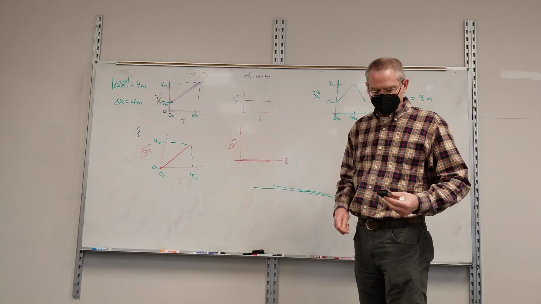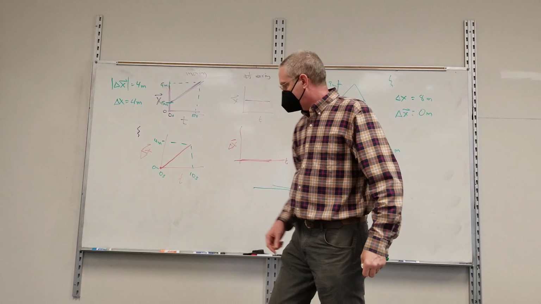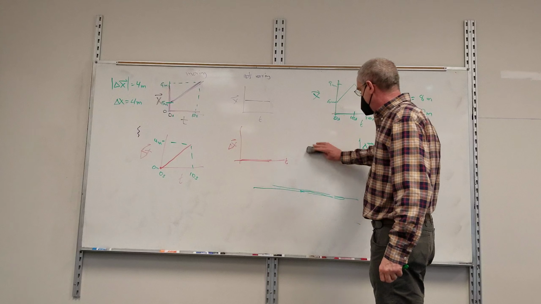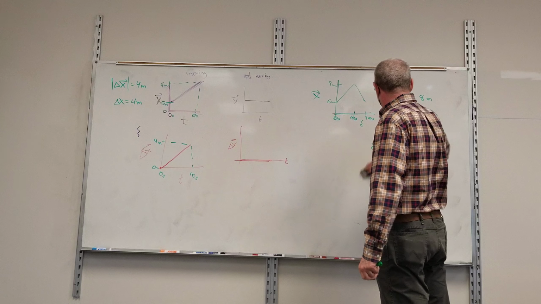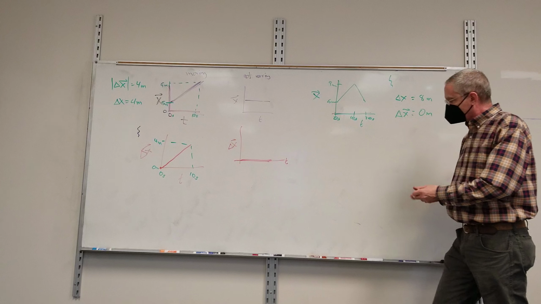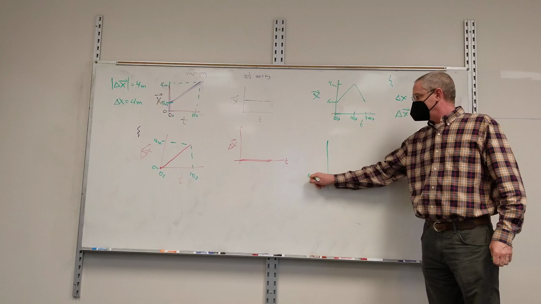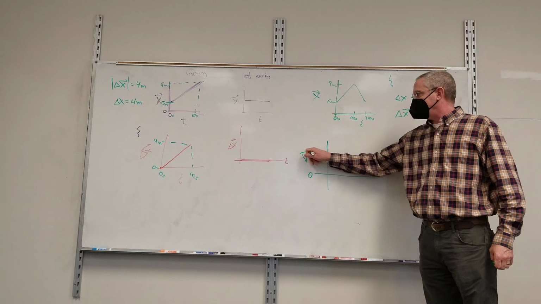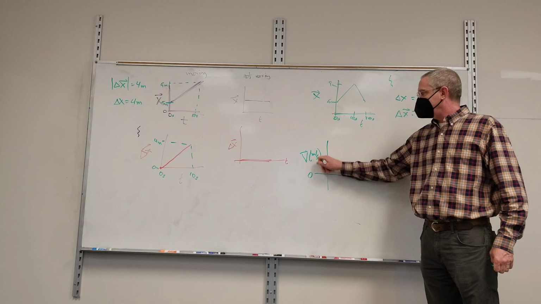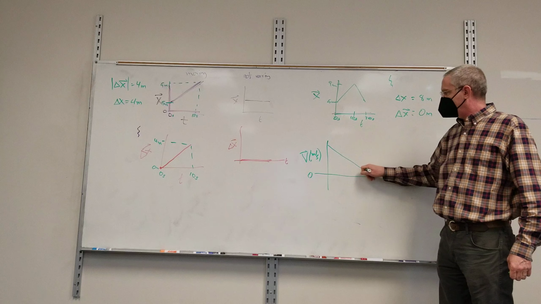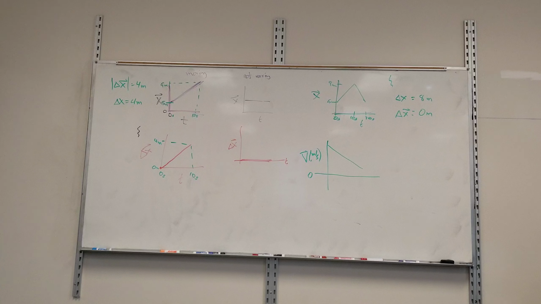Let's just draw it this way. Assuming that this is zero, put velocity here in meters per second. What can you tell me about this line?